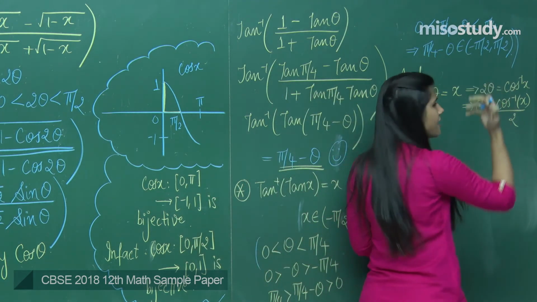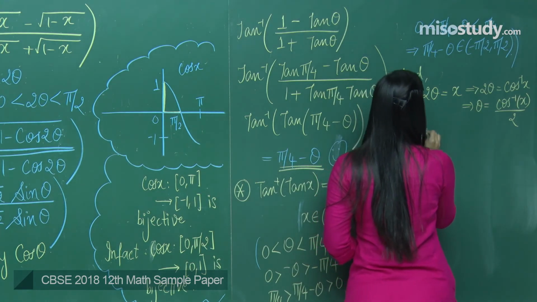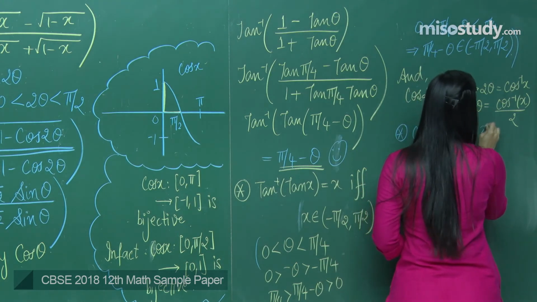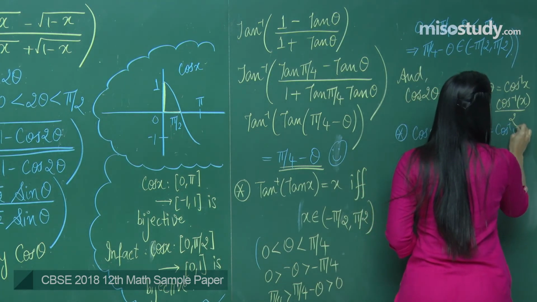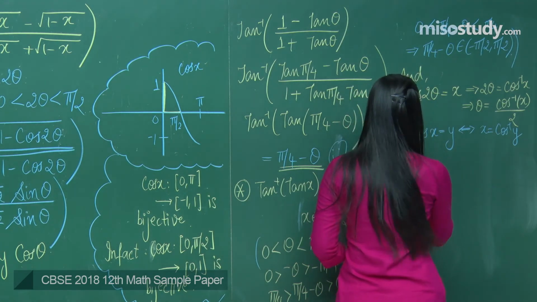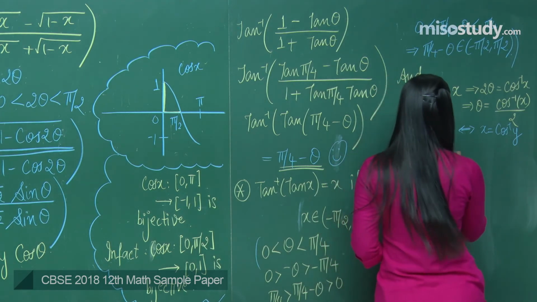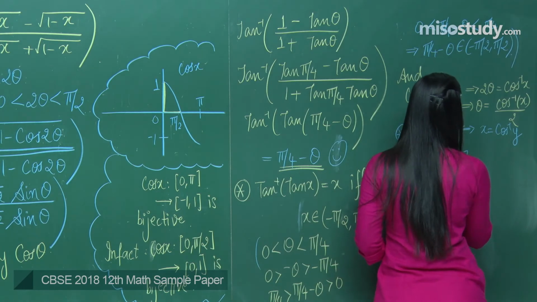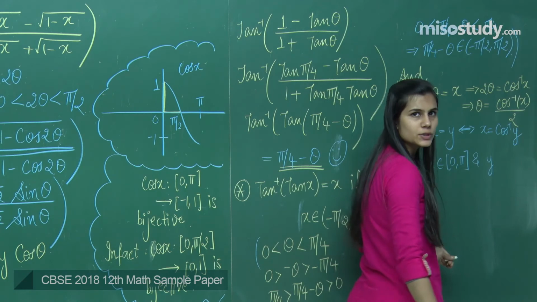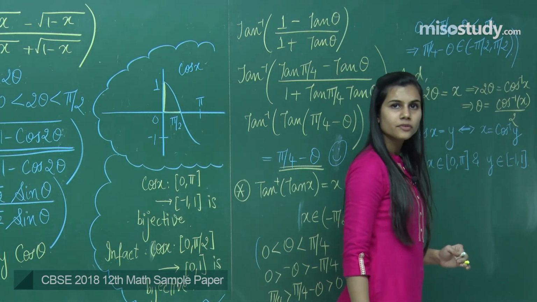But is this every time valid? No. The concept is cos x equals y implies and is implied by x equals cos inverse y. That means from here you can write this only and only when this x, which is the input of cos, is coming from the principal domain of cos, which is 0 comma pi, and the output produced by cos, which is y, is coming from minus 1, 1.